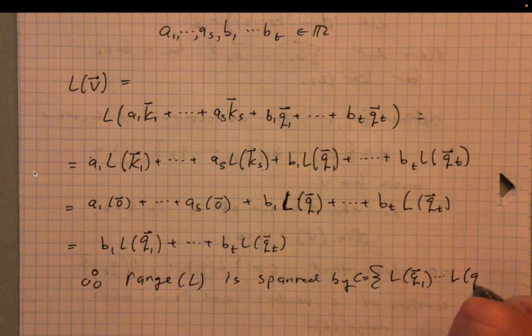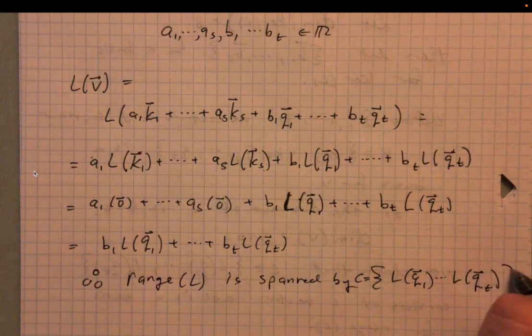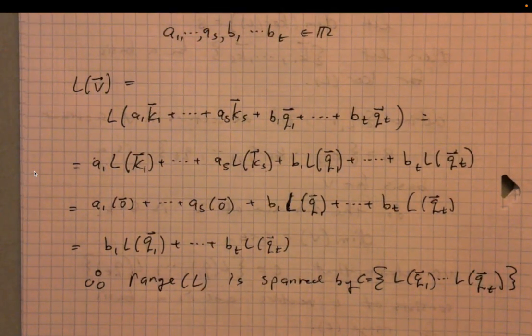L of Qt. Okay, and so that's getting us very close to the idea that this could be a basis for the range. Right? We don't know that it's a basis yet. Why don't we? All we know is that it spans the range. Anything in the range can be written as a linear combination of this, which means it spans the range.